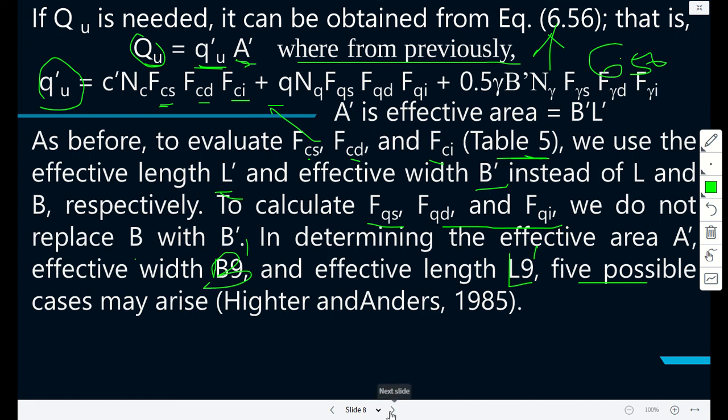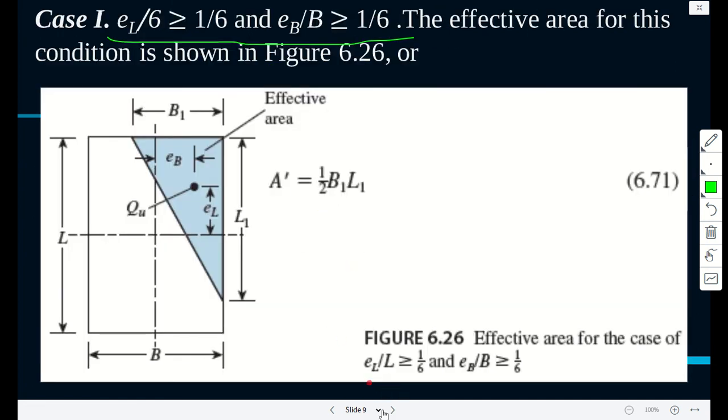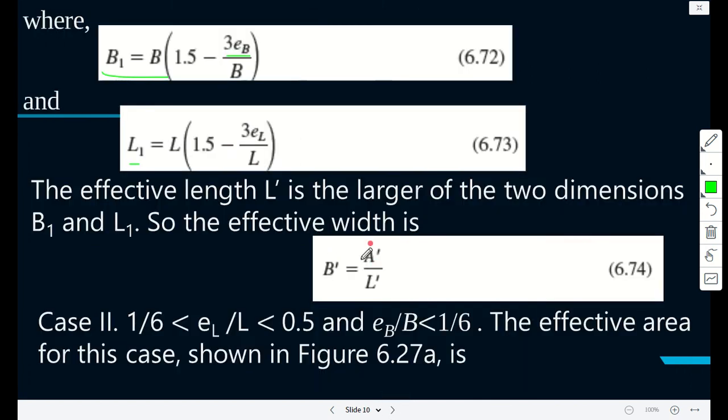With the eccentricity, you already know what B1, L1, B prime and L prime are, and you can substitute back in the equation to get the bearing capacity, because that's the key.